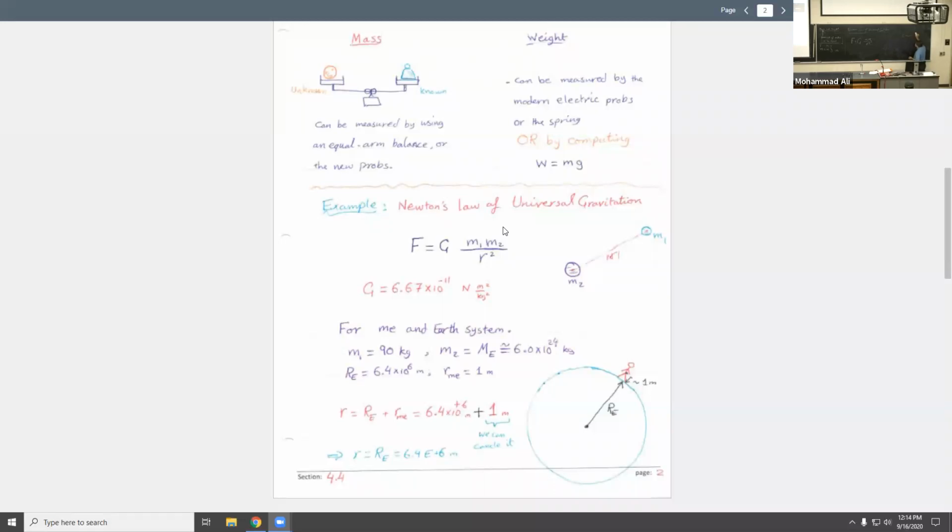To know this important application, we have two bodies, M1 and M2. Now, in this course, we are talking about point objects. This is not a point object. The Earth is not a point object. Why? Because if you need to take R, the distance between these two objects, one of us will take this R, another one will take this one.